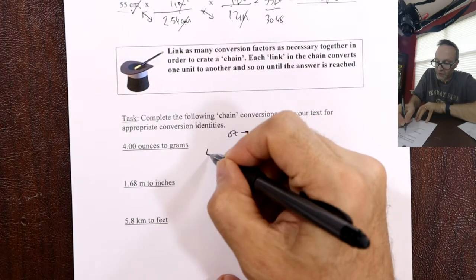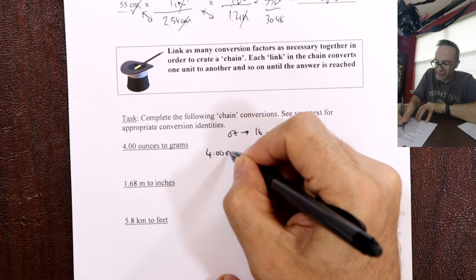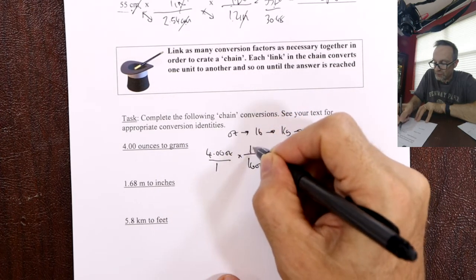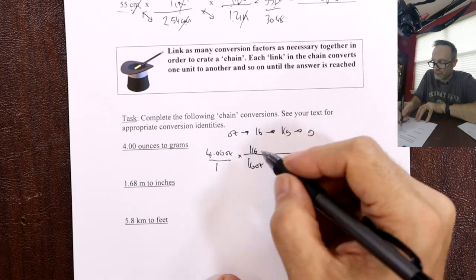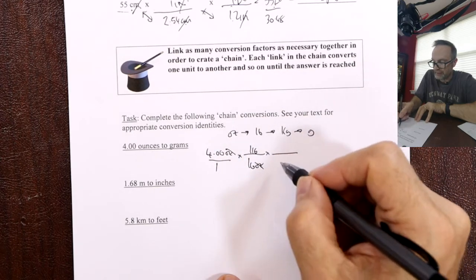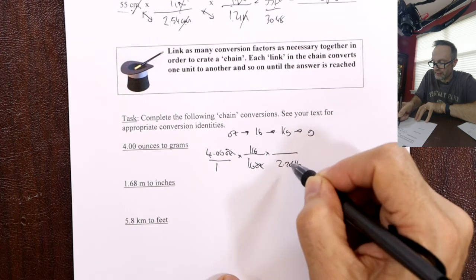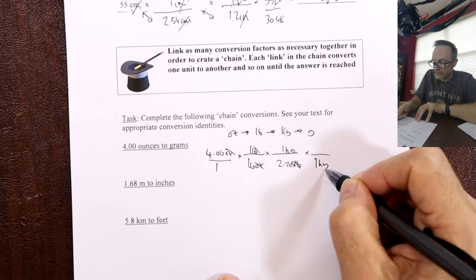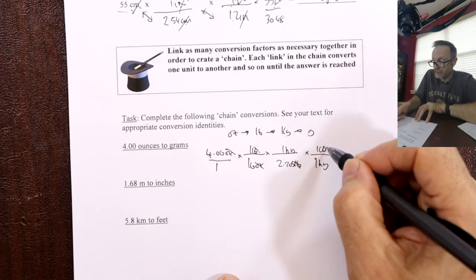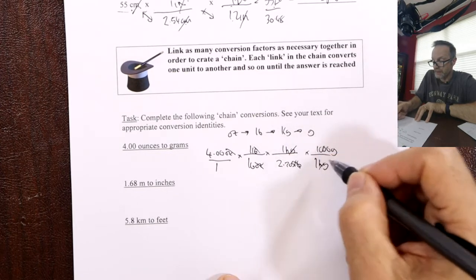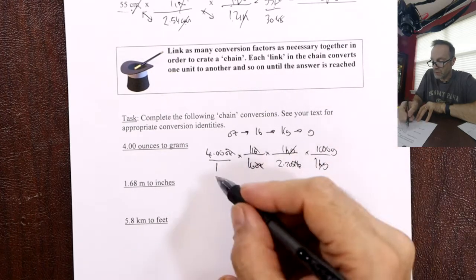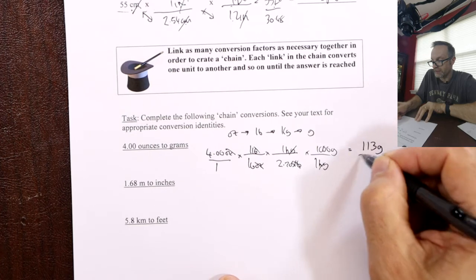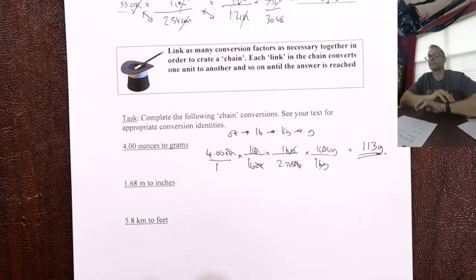So 4.00 ounces times 16 ounces is 1 pound, times, if you carry on, pounds now, 2.205 pounds is 1 kilogram. And then 1 kilogram is 1,000 grams. Work out the tops, work out the bottoms. Hopefully you get an answer of 113 grams, 3 sig figs.